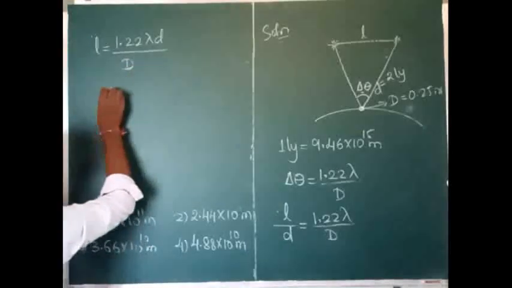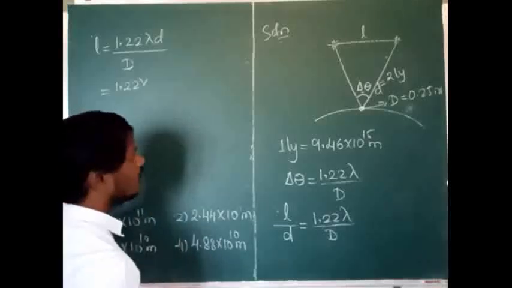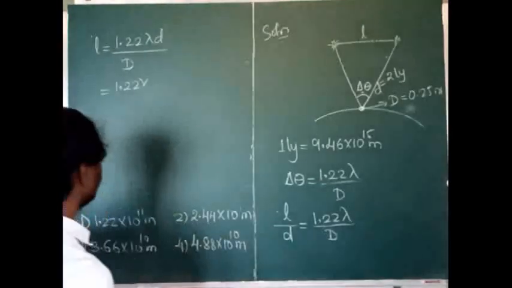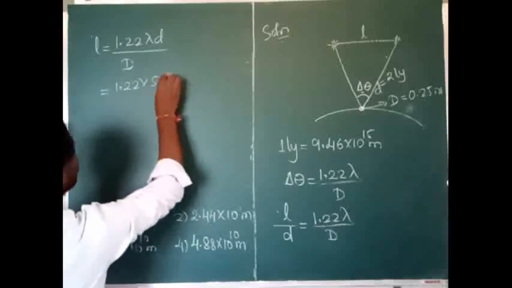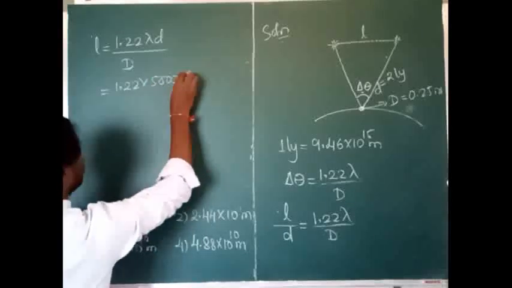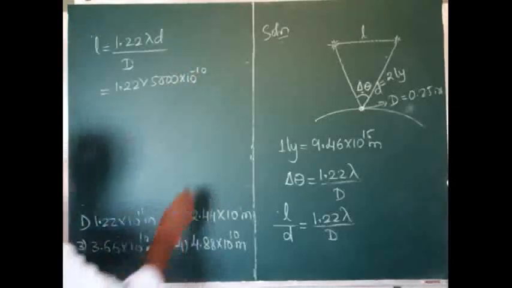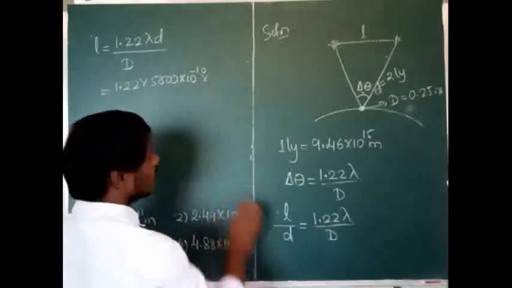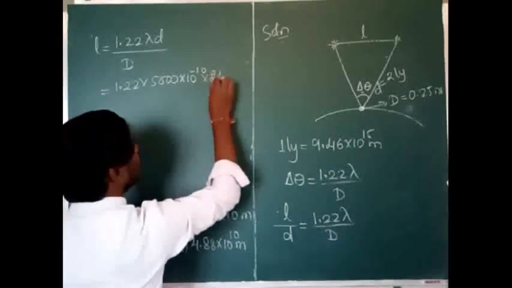By putting the values here: 1.22, lambda is the wavelength of the light given, that is 5000 angstrom, which means 5000 into 10 to the power of minus 10. Then small d is 2 light years, that is 2 into 1 light year.